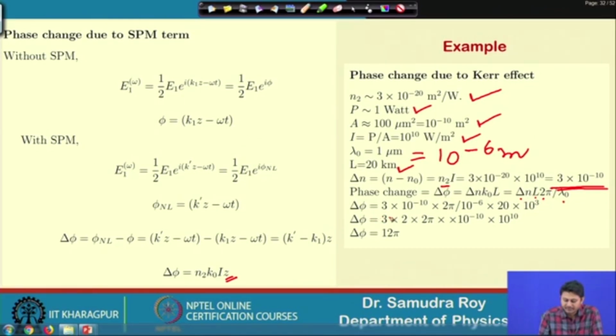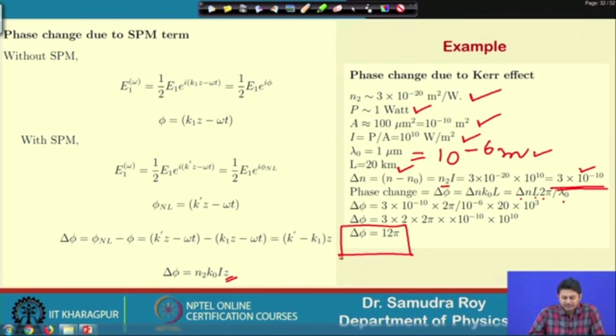So, delta phi simply becomes 3 into 10 to the power minus 10, which is this value, multiplied by 2 pi divided by 10 to the power minus 6, the value of 2 pi by lambda, and then the length 20 kilometers, 20 into 10 to the power 3. If I calculate all these things, the final expression is delta phi, the change of phase, which is around 12 pi, a good amount.